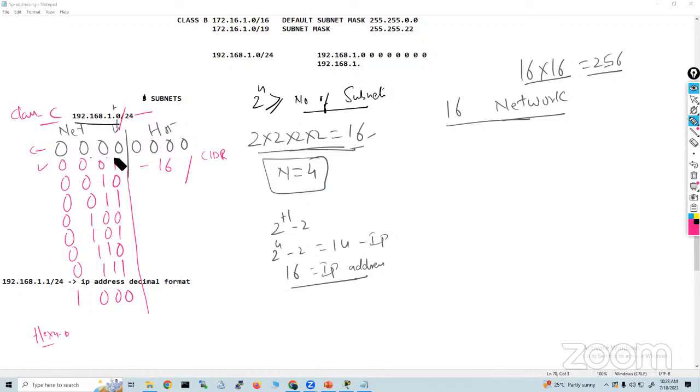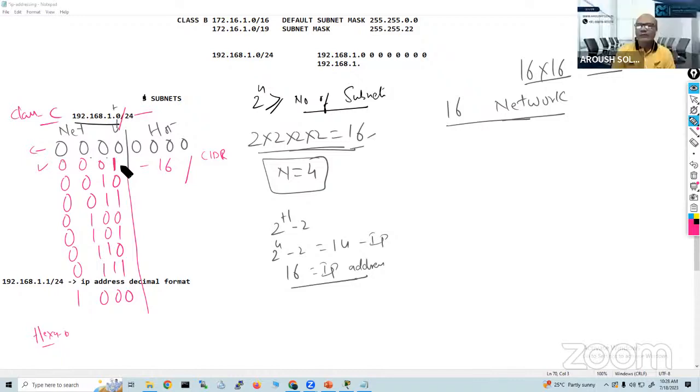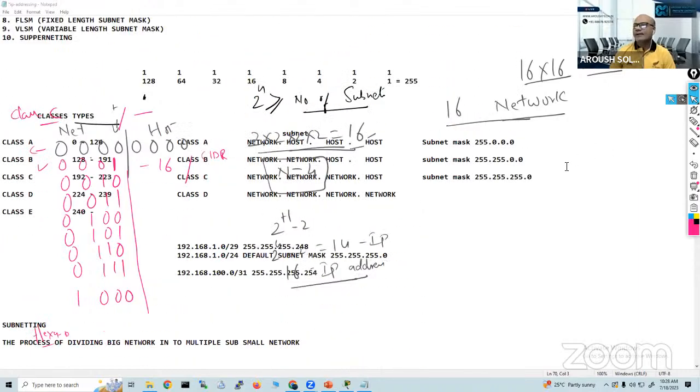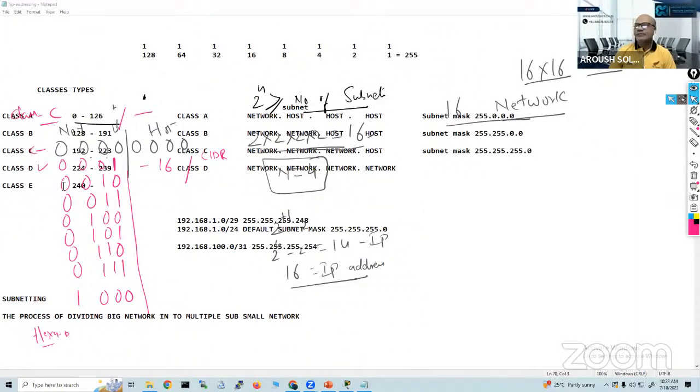If the network has changed here, one value means, so how are we going to calculate this now? So when you see here, okay, which bit is on? One, I think third bit, 1 to 4th bit, 16.